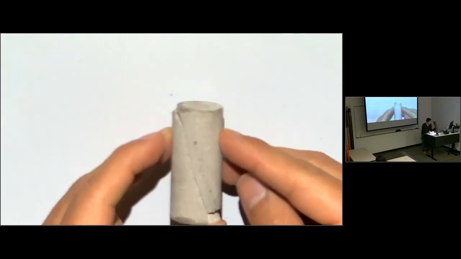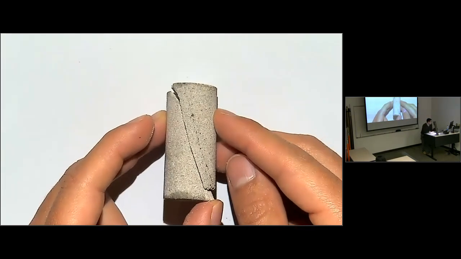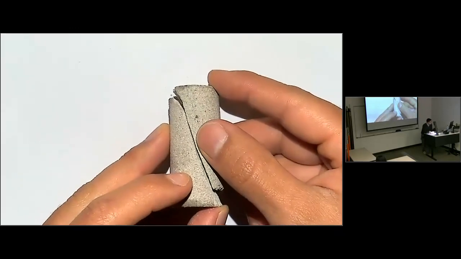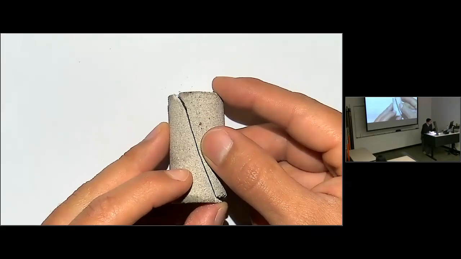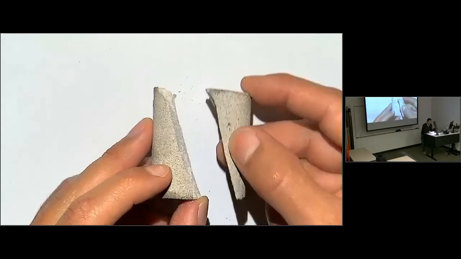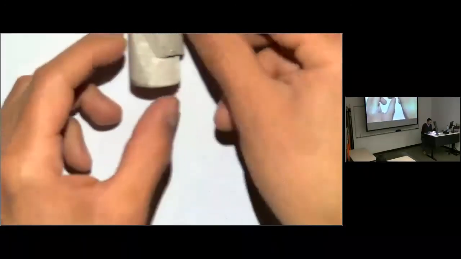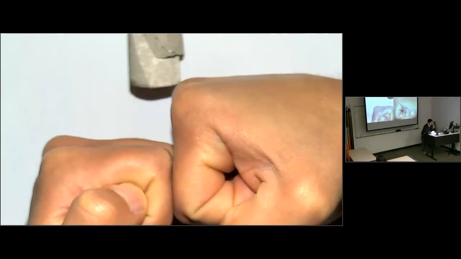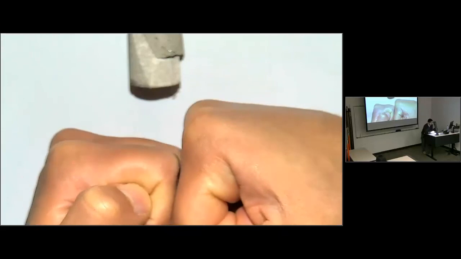So imagine this is your rock, and as the faces move on top of each other, they have to dilate, and that dilation makes the rock bigger. And if you were to zoom in on the sand grains, you will see that, for example, if the sand grains are interlocked like this, then one has to go on top of the other.